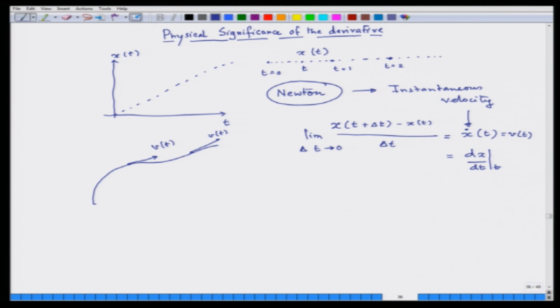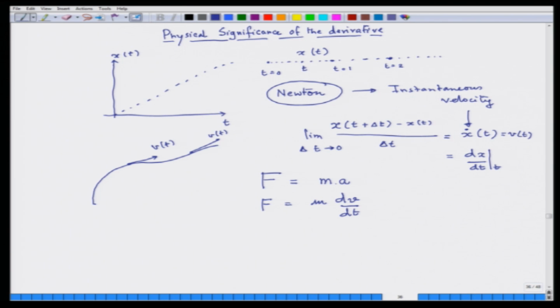Now, another use of higher derivatives is in the expression of the famous second law of Newton, which says force is mass into acceleration. Acceleration is the change of velocity, so force is equal to mass into dv by dt, the change in the velocity.